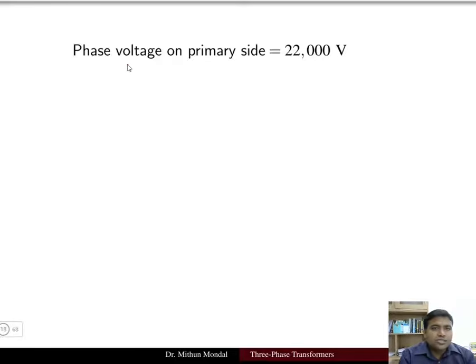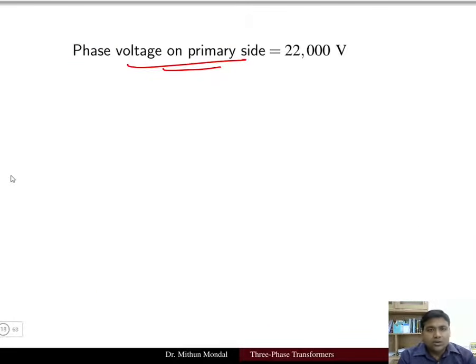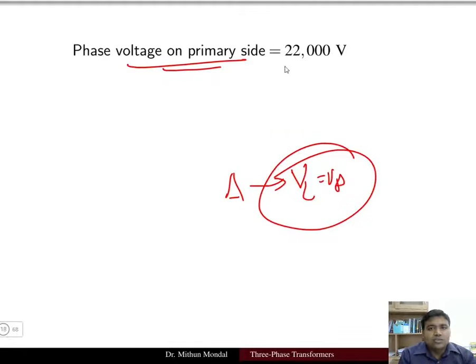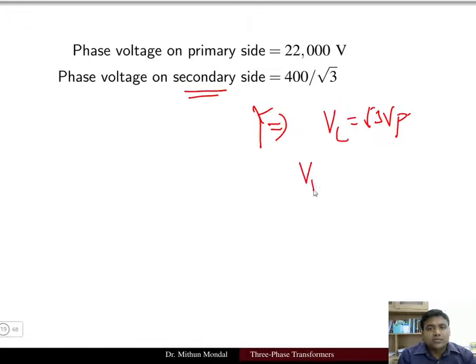So phase voltage on the primary side: our primary side is basically a delta connected machine and 22,000 is the line voltage. So we know that in a delta connected machine, line voltage will be equal to phase voltage. So line voltage is 22,000, so phase voltage becomes equal to 22,000 on the primary side. Whereas on the secondary side, since it is a star connected machine, we know that line voltage is equal to root 3 times the phase voltage. So we can obtain the phase voltage as line voltage by root 3.